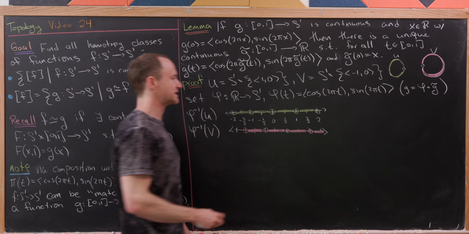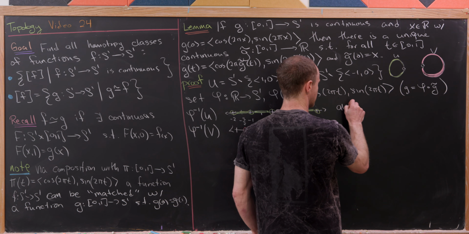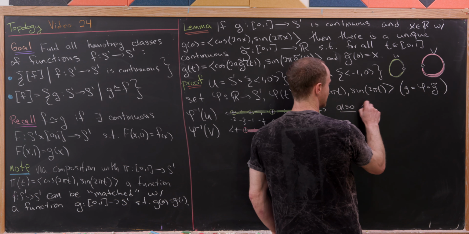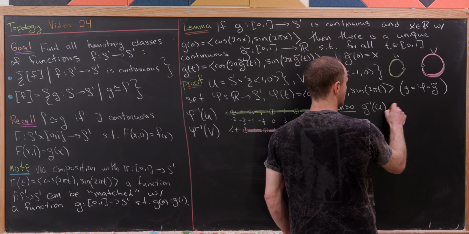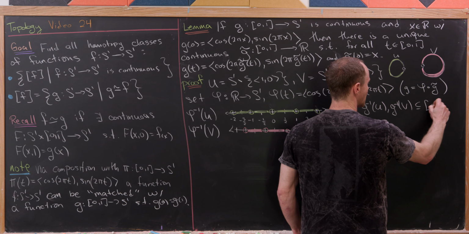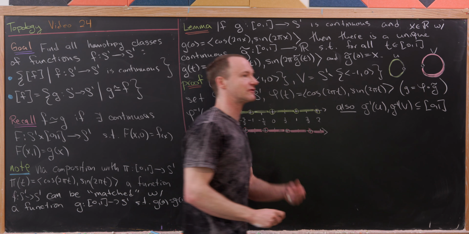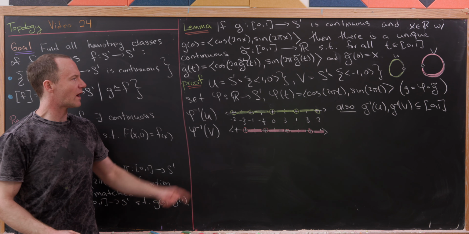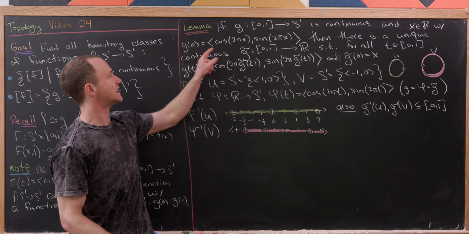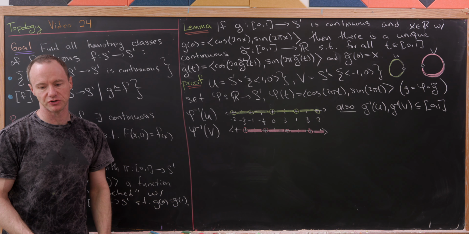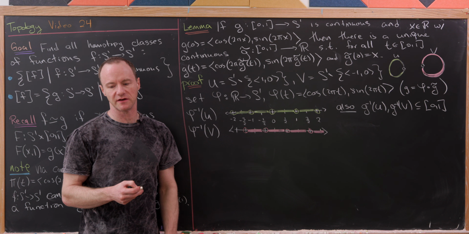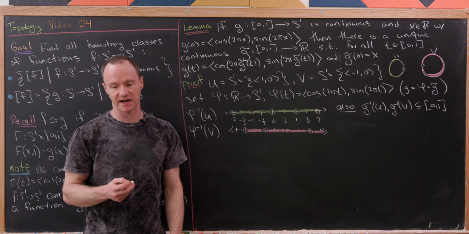Let's also note the following: the pre-image of u under G and the pre-image of v under G are going to be open sets in [0, 1]. That's because u and v are open sets in S1, and G itself goes from [0, 1] to S1. We can write each of these as a union of basis open sets inside of [0, 1].